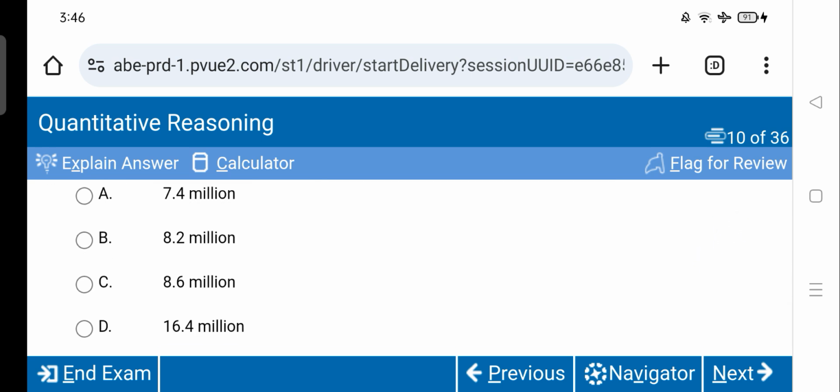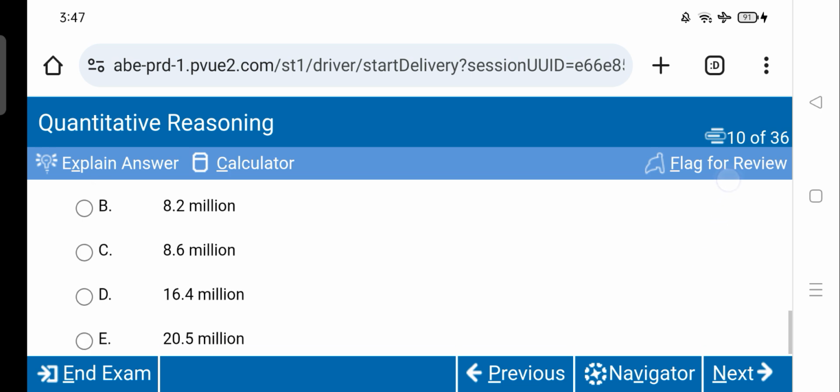Option A 7.4 million, option B 8.2 million, option C 8.6 million, option D 16.4 million, option E 20.5 million.